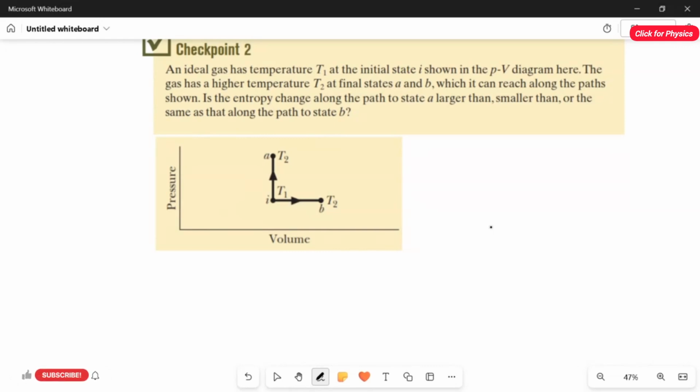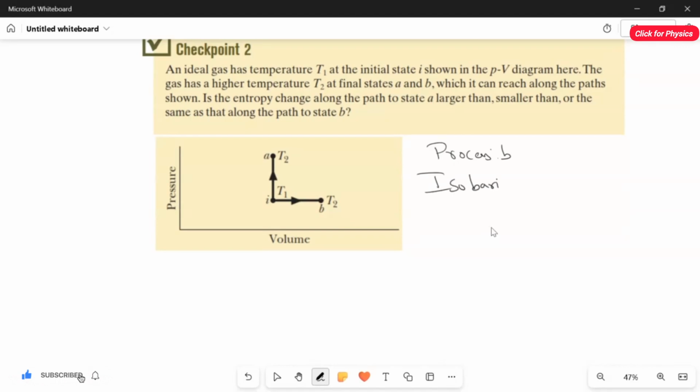If you see this PV diagram, this line I to B exactly tells about isobaric. So I am going to write for process B here: based on the PV diagram, it is isobaric.